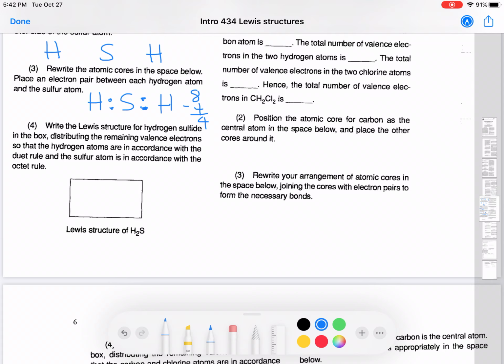So the Lewis structure is going to be H, S, H. Hydrogen doesn't need any more electrons. There are 4 left. So you're going to put those 4 electrons on sulfur. Now sulfur has 8 electrons. Each hydrogen has 2. This hydrogen also has 2. They are sharing electrons. Okay.